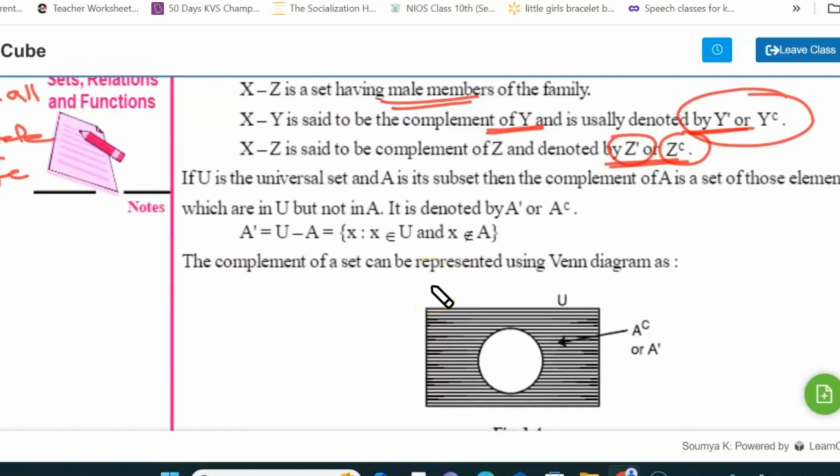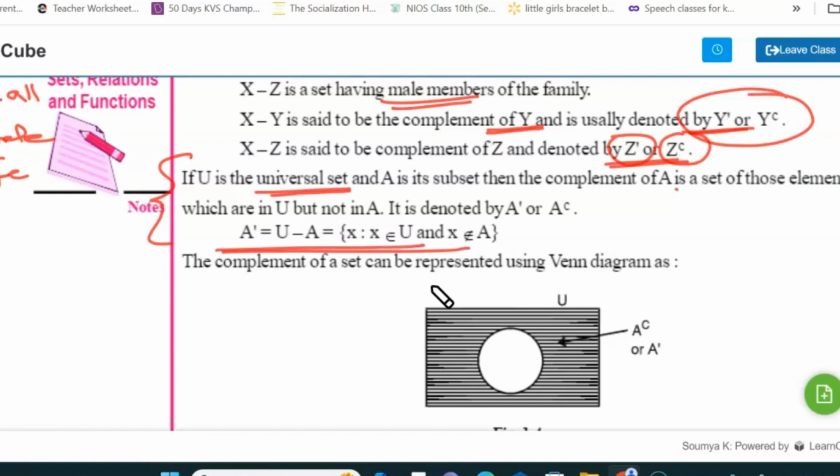Definition is given here. If U is the universal set and A is its subset, then the complement of A is the set of those elements which are in U but not in A. That means the complement says everything will be there in the universal set except the elements of the given set.